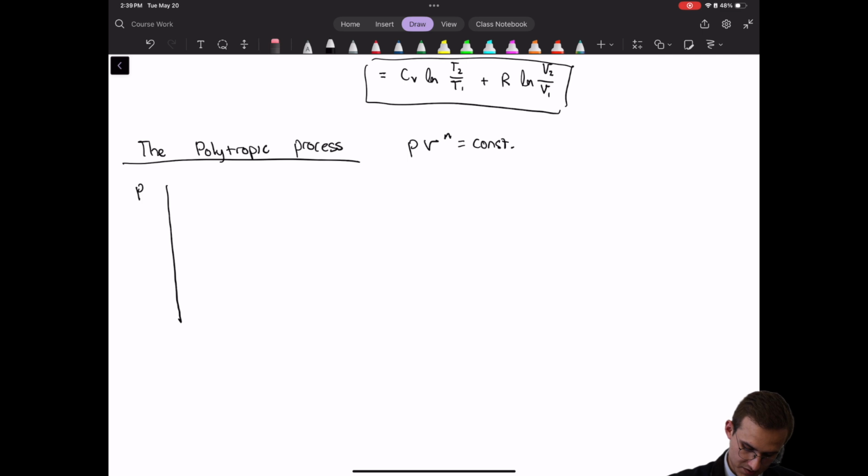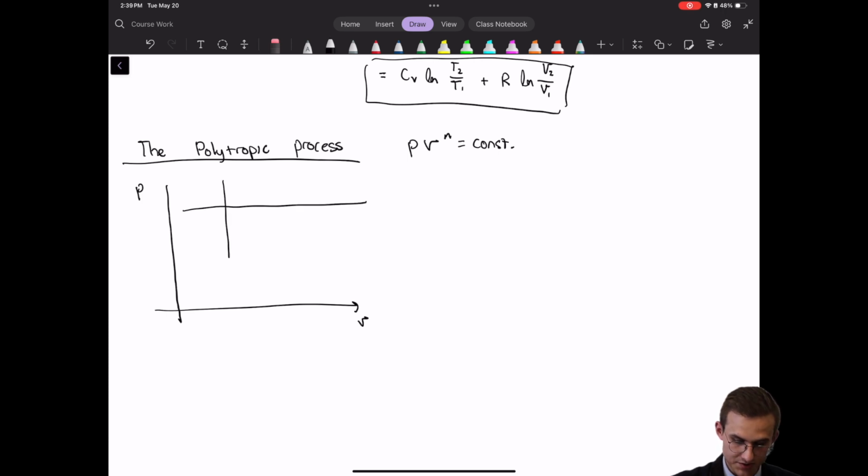So the way that that looks, if we're going to write out PV and TS diagrams, which are very important diagrams for understanding thermodynamic processes that you'll draw many times in this course. We have 4 key polytropic processes that I'd like to bring your attention to. So N equal to infinity is this vertical line. N equal to 0 is the horizontal line. That would be P equals constant if you just look at PV to the N.